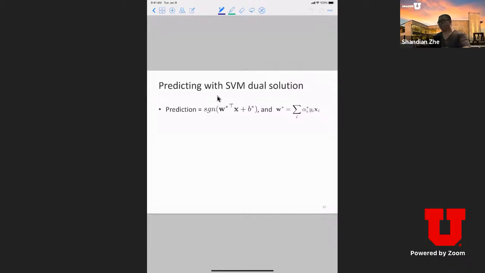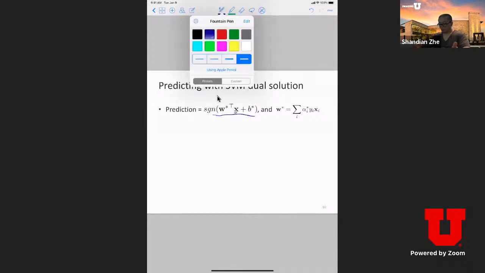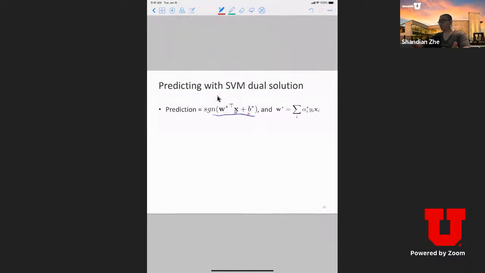If we want to predict with the dual solution, how can we do that? Our prediction rule for linear classifiers is always like this: we calculate the prediction score, which is a linear function, the inner product between W star and the input X, plus the bias parameter, and then look at the sign.